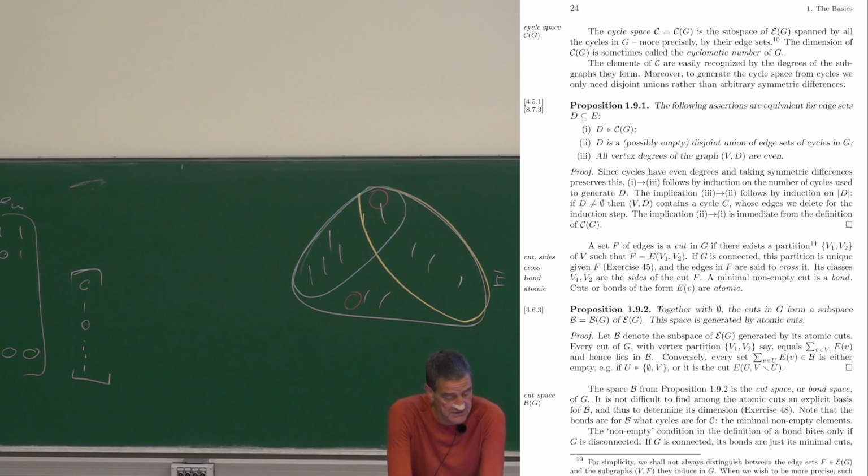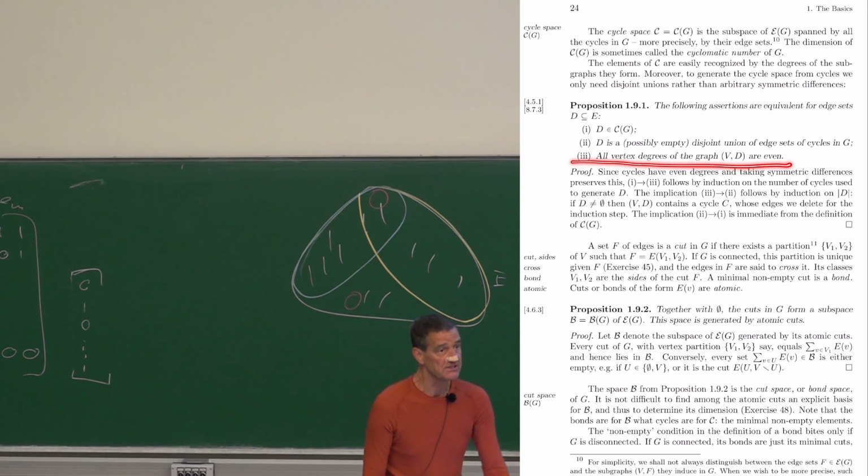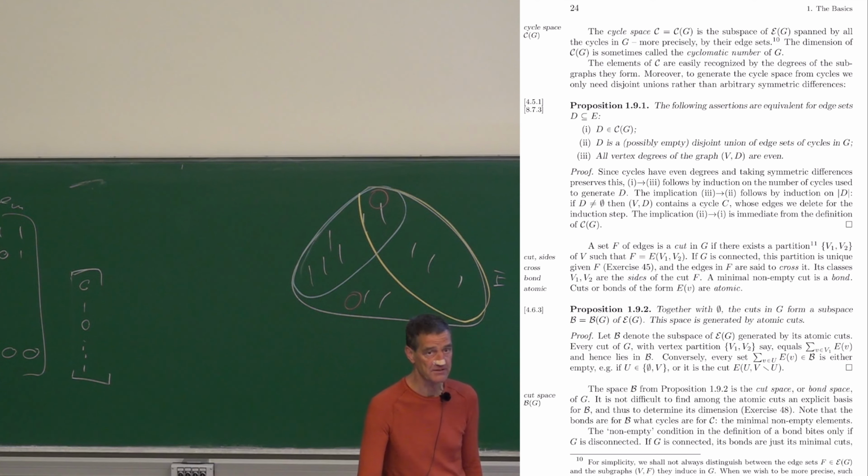It's a symmetric difference of cycles, a repeated symmetric difference of some cycles. And let's prove from that the third statement, that all the vertices in this result of taking the symmetric difference, i.e. in our given element of the cycle space, induce an even degree at every vertex.